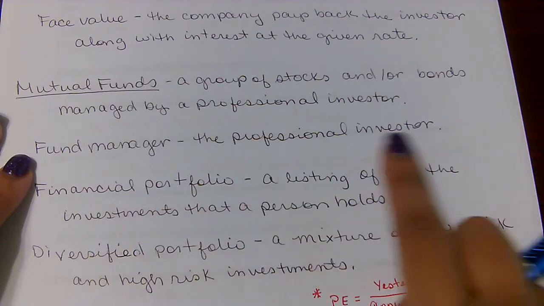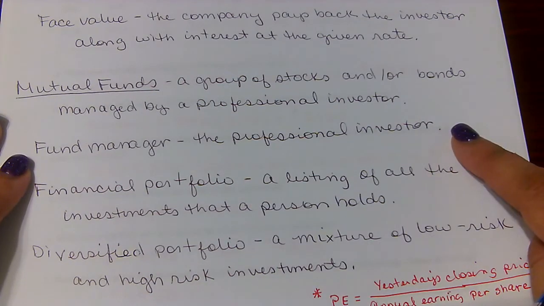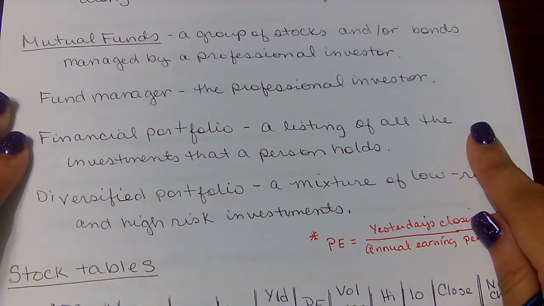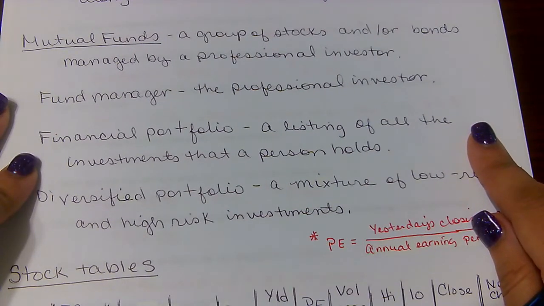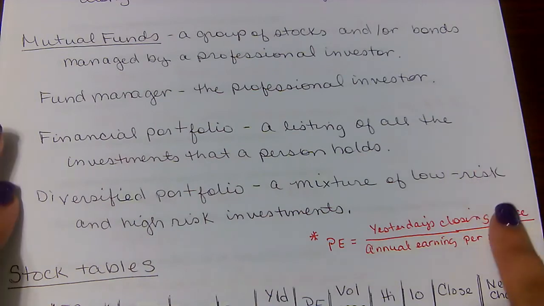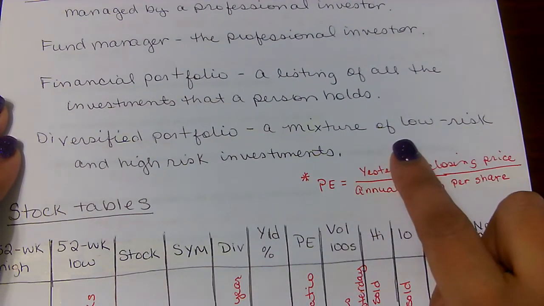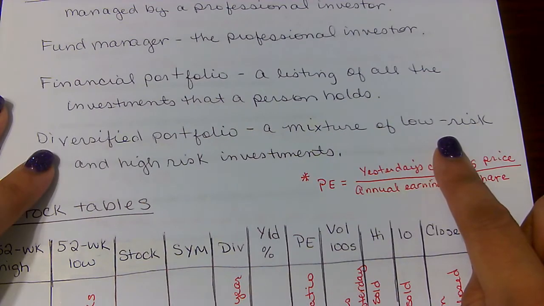The fund manager is the professional investor. The financial portfolio is a list of all of the investments that a person holds. The diversified portfolio is the mix of low risk and high risk investments.